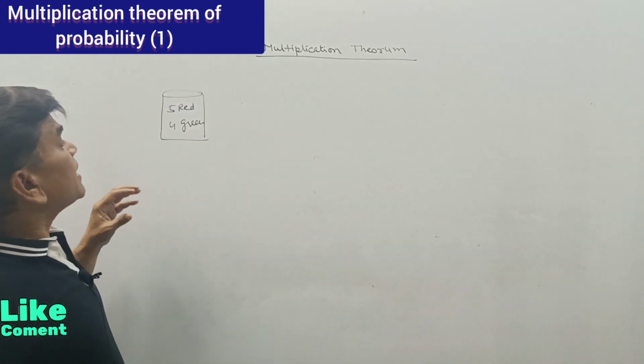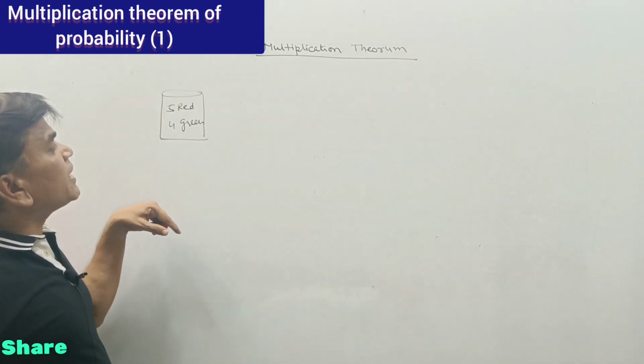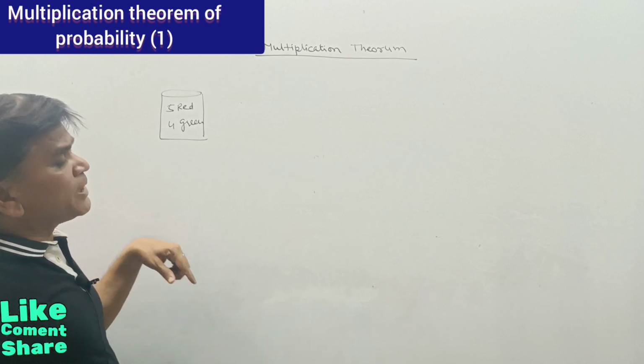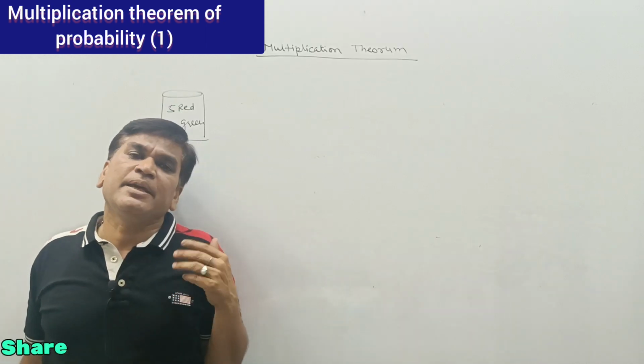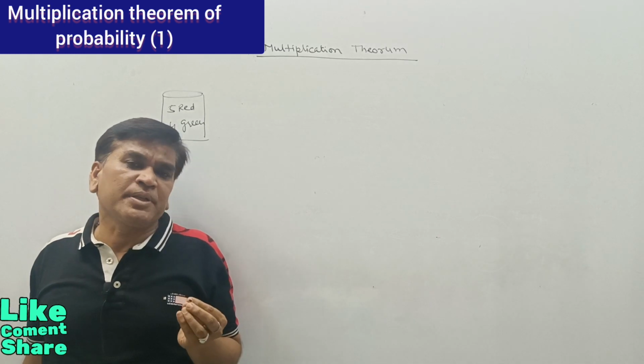What is the probability that in the first trial all 3 will be red and in the second trial all 3 will be green? Again I am repeating the question.